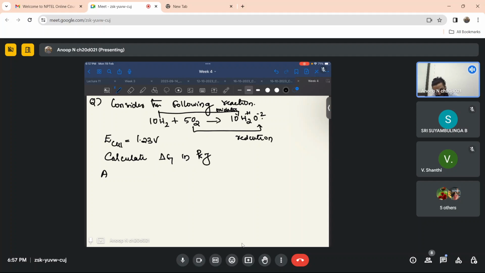What is the anodic reaction? Anyone? What is the anodic reaction, Bhavani? H2 gives 2H plus 2 electron.